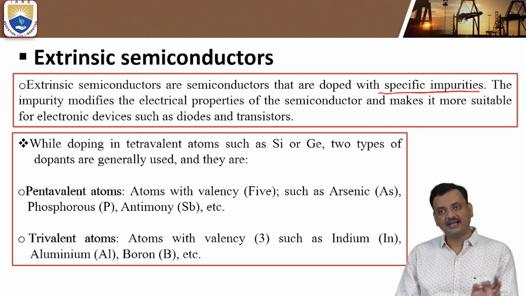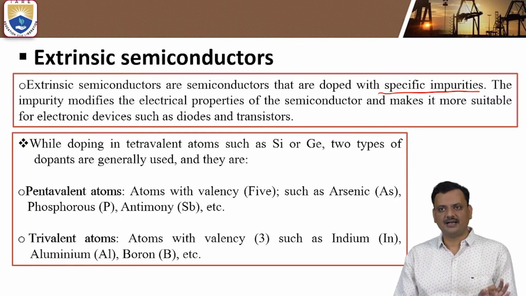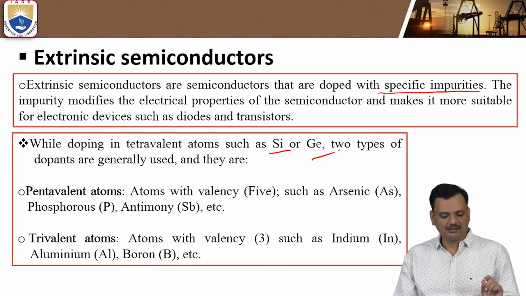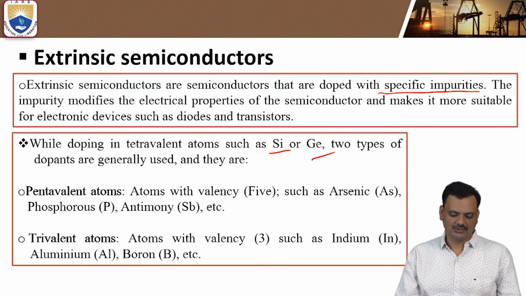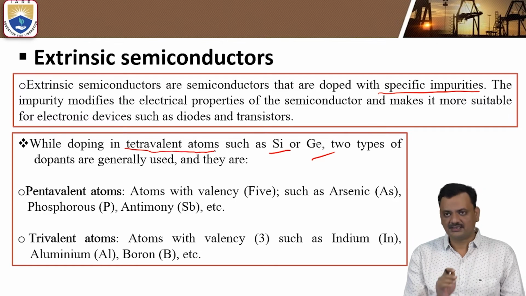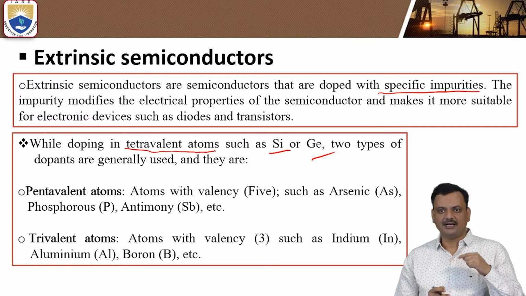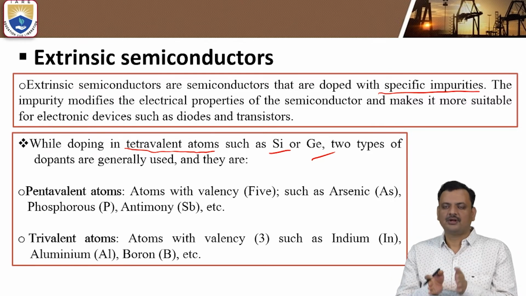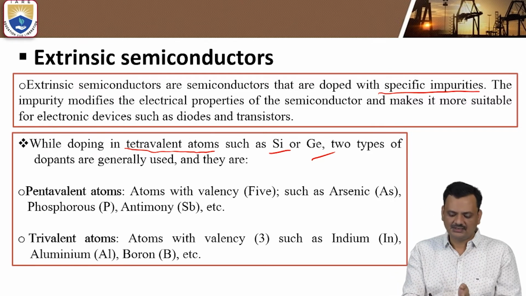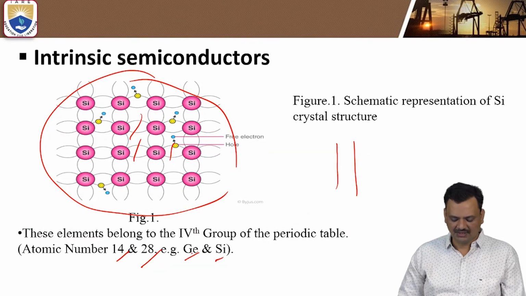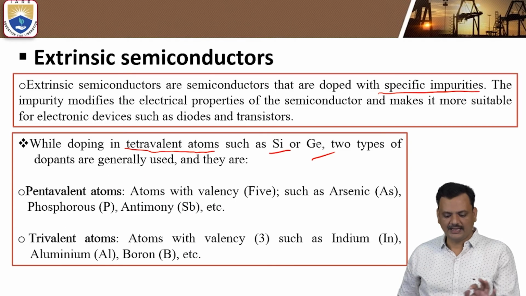While doping in tetravalent atoms such as silicon or germanium, two types of dopants are generally used, and they are pentavalent and trivalent. Fourth group means tetravalent. This is a chemistry term. Tri, tetra, penta. Okay. So tetra means 4. So tetravalent atoms means silicon and germanium. Fourth group, tetravalent atoms.